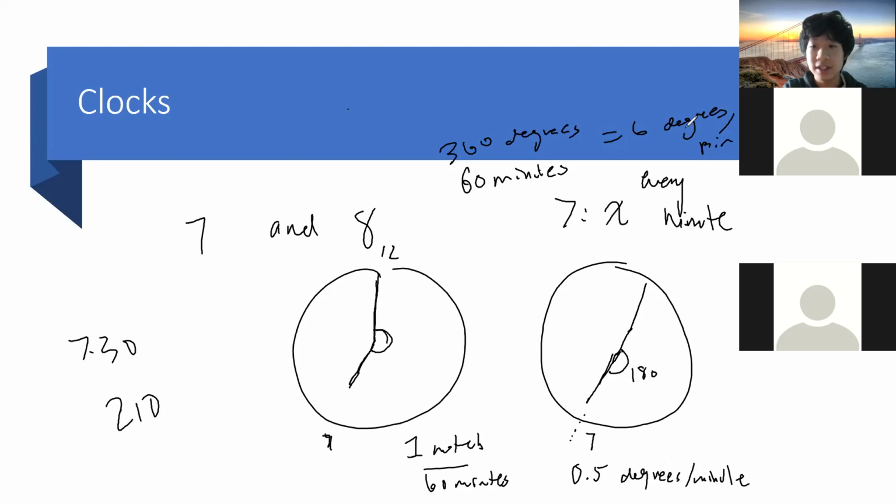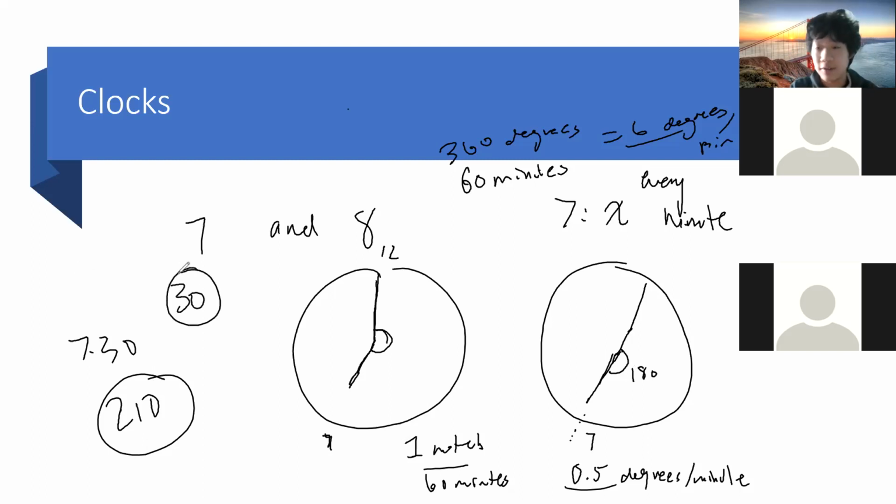Okay, so we know that the minute hand is going to move at 6 degrees per minute, the hour hand is moving at 0.5 degrees. So what's the gap we have to close here, right? We're going to start at 210. The minute hand is going to have to catch up to the hour hand to close the gap to 180. So the gap we have to close is 210 minus 180. We have to close a gap of 30 degrees. All right. This is almost like, let's say we have 2 runners here.